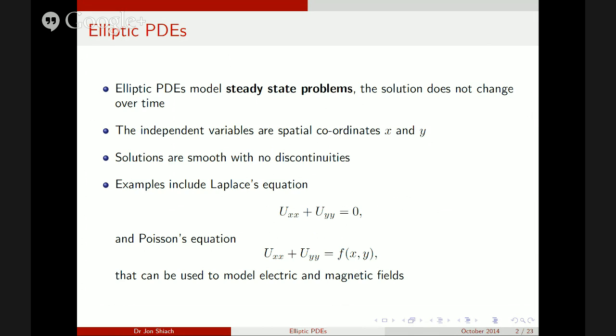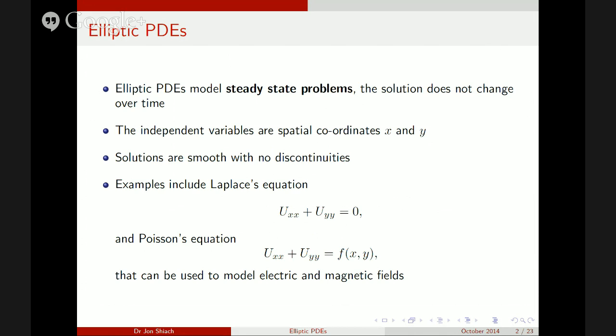That's named after Laplace. Poisson came along a bit later and stuck a function on the right-hand side and called it his equation. So the only difference between Laplace's equation and Poisson's equation is instead of having the sum of the double derivatives equal to 0, Poisson said it must adhere to some function f(x, y).